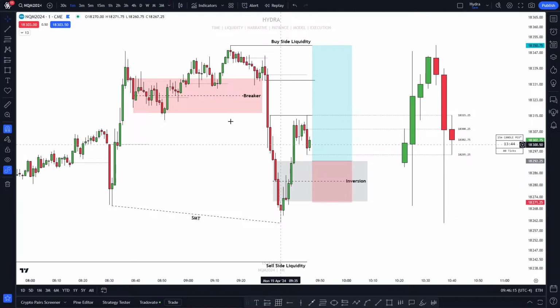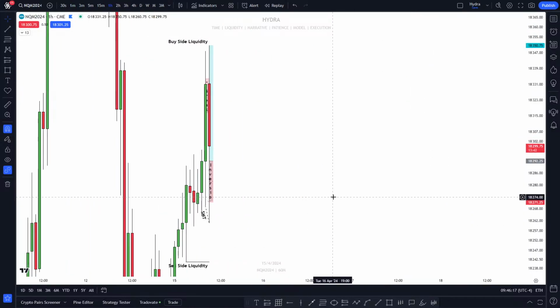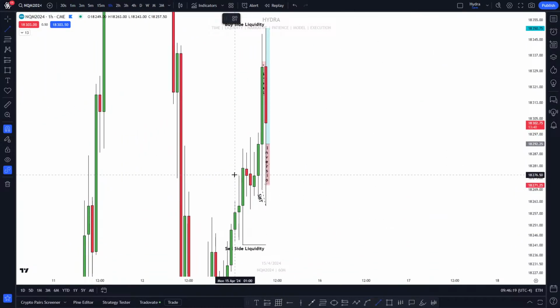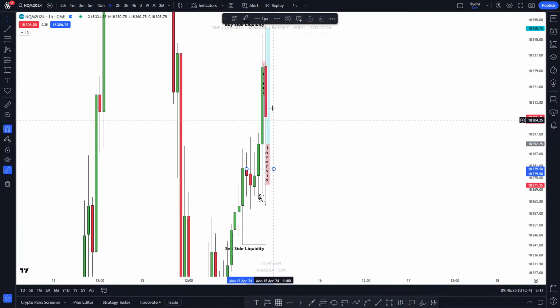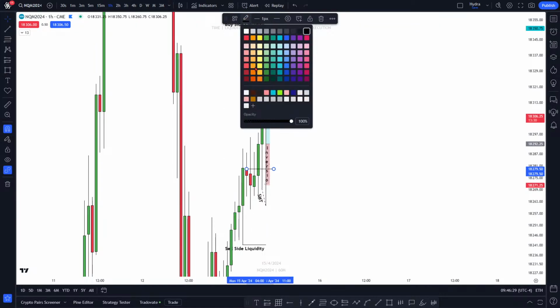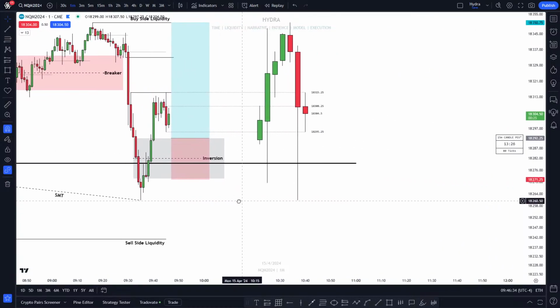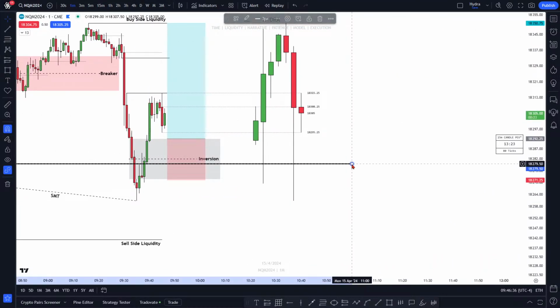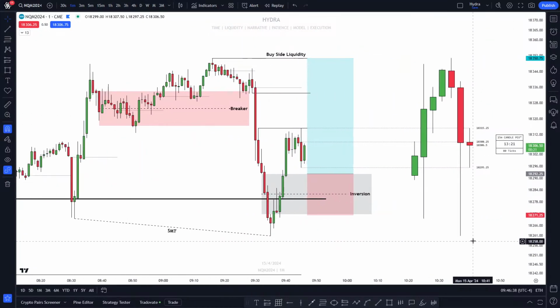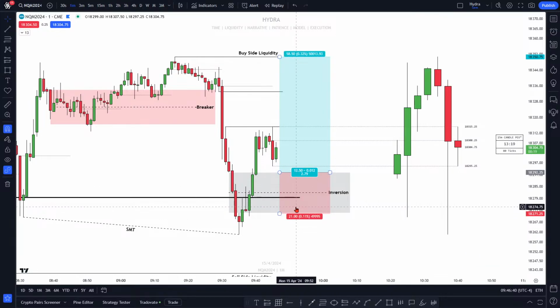If you look at the hourly chart, there are a couple of bullish PD arrays that are aligning. Look at this order block coming just inside the inversion. So stop loss below this inversion is very logical.